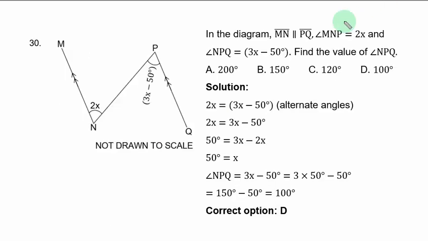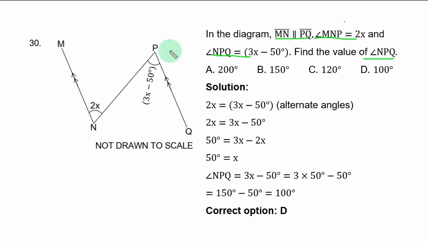Question 30. In the diagram, MN is parallel to PQ. Angle MNP is equal to 2S, and angle NPQ is equal to 3S minus 50 degrees. Find the value of angle NPQ.